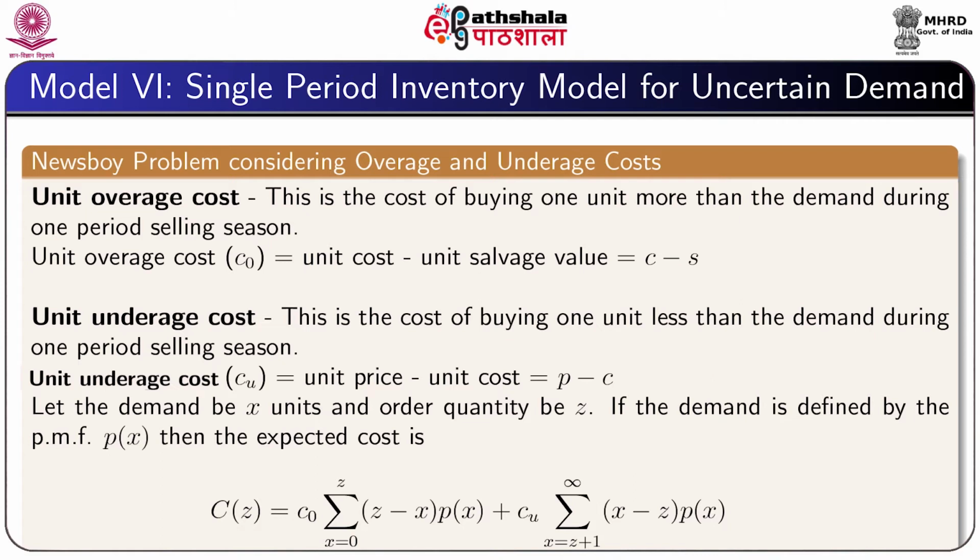Let the demand be X units and the order quantity be z. If the demand is defined by the PMF, that is probability mass function P(x), then the expected cost is given by C(z) equal to C0 summation x equal to 0 to z, (z minus x) into P(x), plus Cu summation x equal to z plus 1 to infinity (x minus z) into P(x).